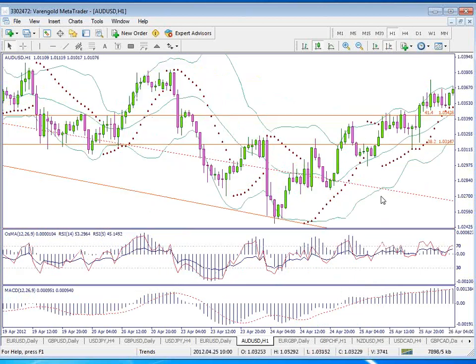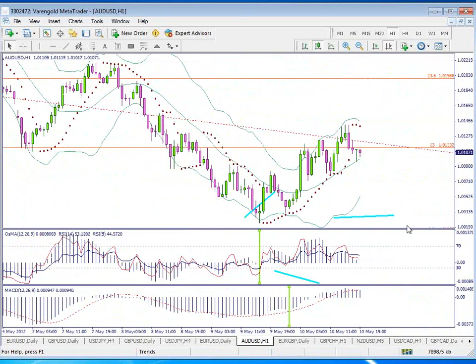On 1 hour time frame, we just have a signal for sell. So I think that today and tomorrow will be a little bit in the down direction, maybe here, and after that to try to reach 23.6.